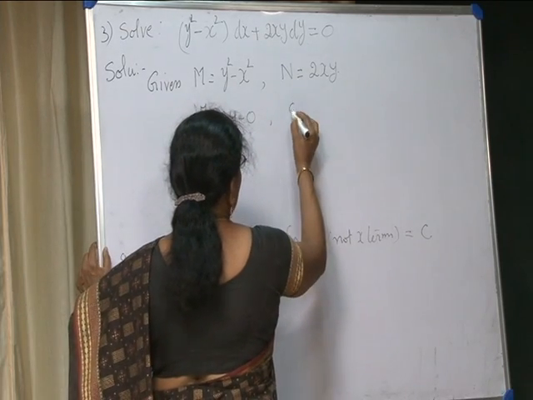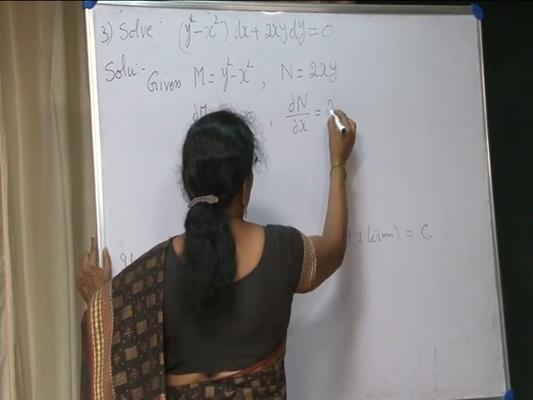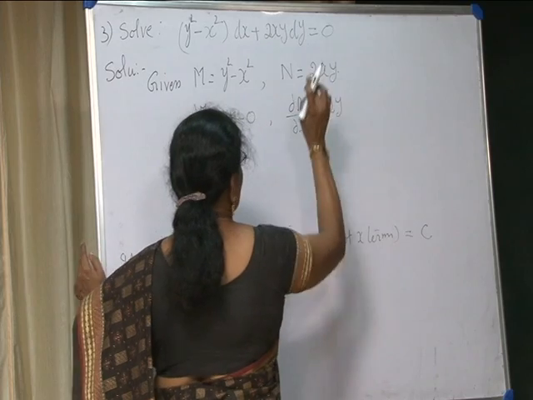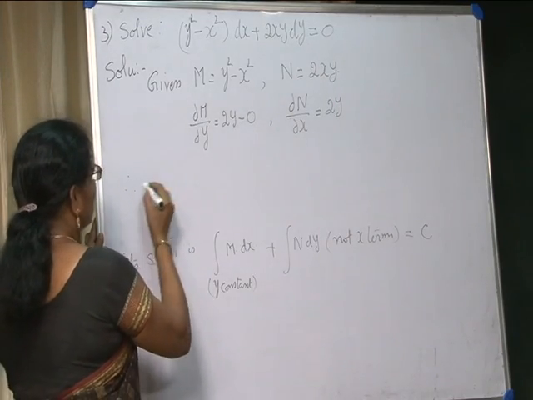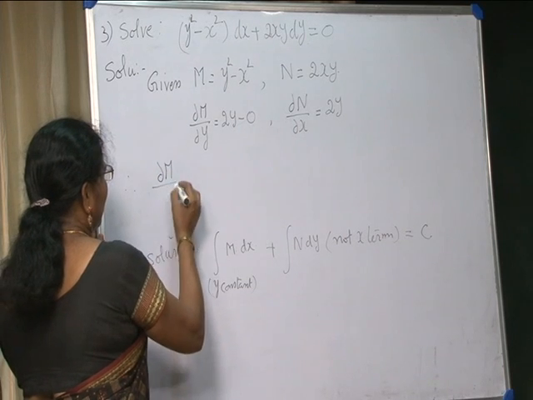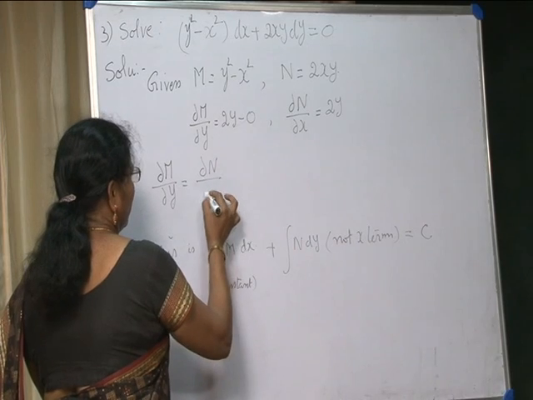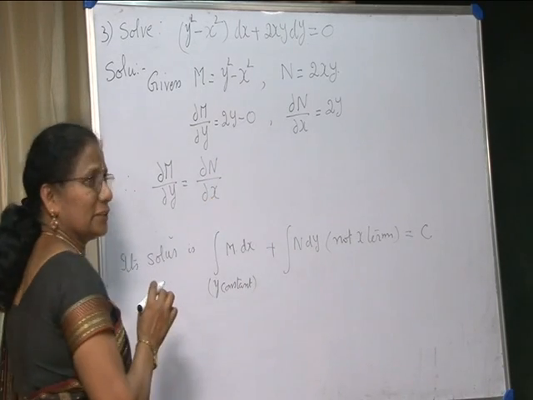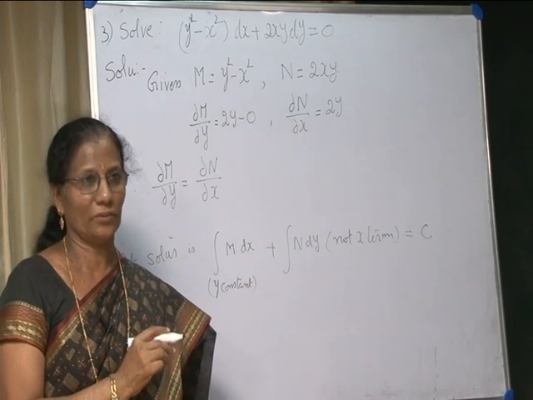Differentiate N with respect to x. Derivative of x with respect to x is 1, so we will get 2y. Therefore, delta M by delta y is equal to delta N by delta x. It satisfies the condition. Therefore, it is an exact equation.